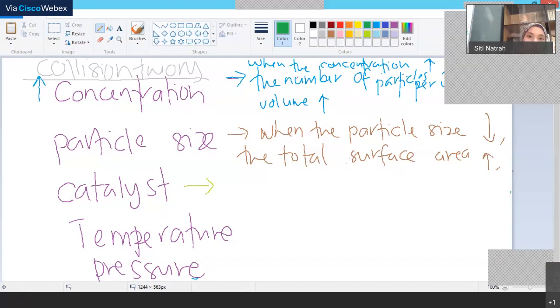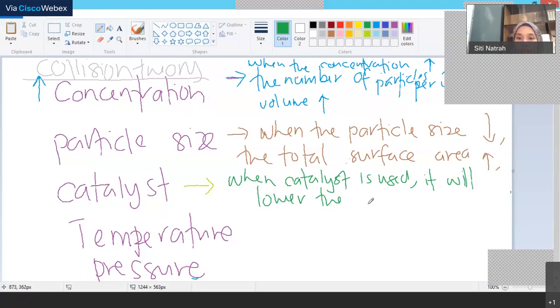Okay. So you can write down. When catalyst is used, it will lower the activation energy. Okay. It will lower, so you have to write down it, lower the activation energy.